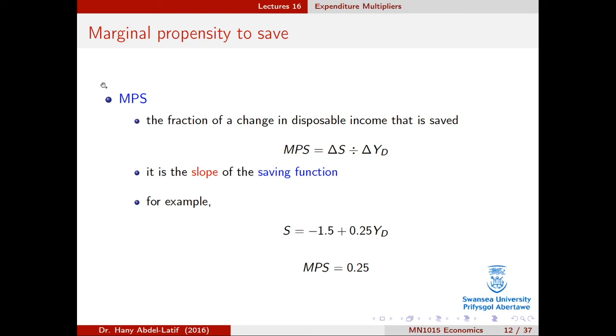We can find the slope of the saving function by looking at this equation, if we have it as a linear equation like this. It is the coefficient in front of yd. So it's 0.25 in this example. What does 0.25 mean here? That is the marginal propensity to save.